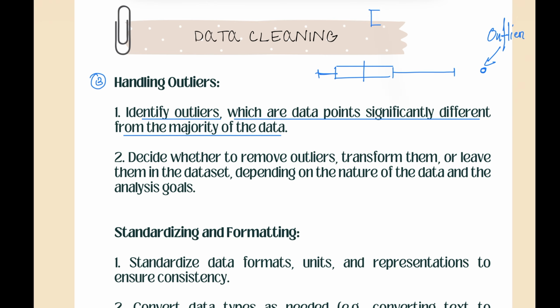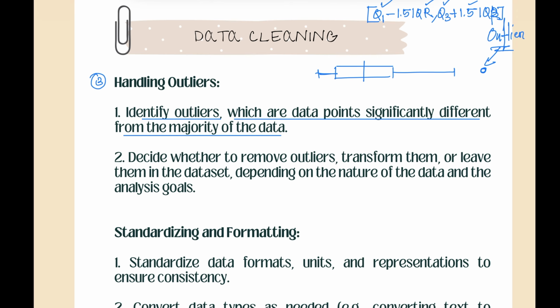There is a formula for that one: Q1 minus 1.5 IQR, comma, Q3 plus 1.5 IQR. You will later learn what outliers are, what Q1 is, and what 1.5 IQR is. Okay, don't panic about that. For now, just remember the sentence.